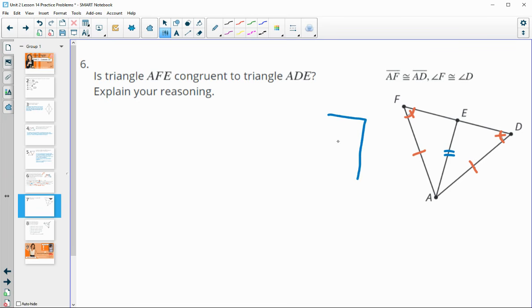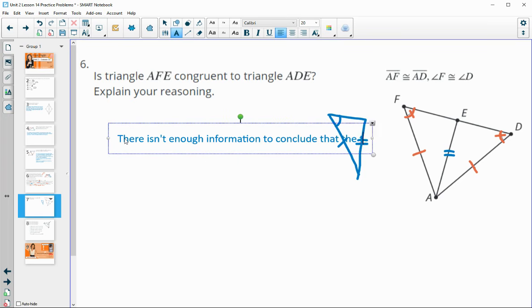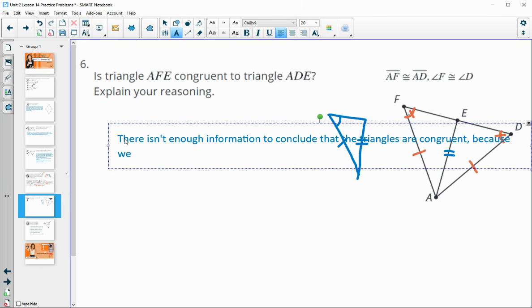So this is all we know in each triangle, is that we've got this angle congruent to one, this side, and this side. So we have two sides and the non-included angle. So there isn't enough information to conclude that the triangles are congruent because we only have two pairs of sides and a non-included angle.